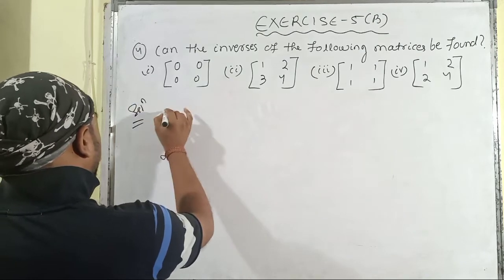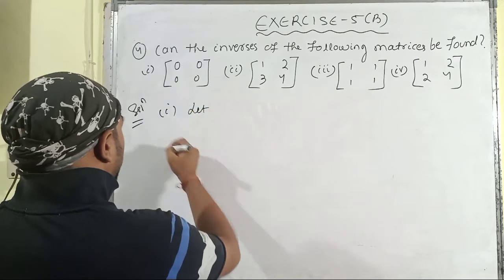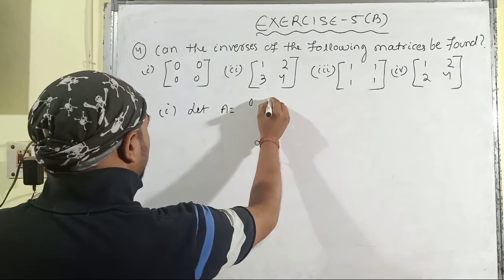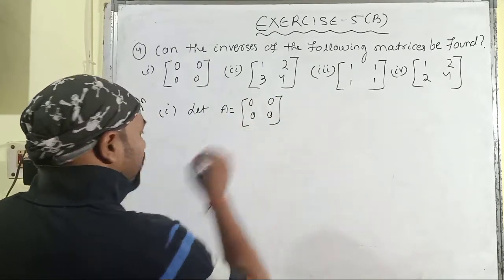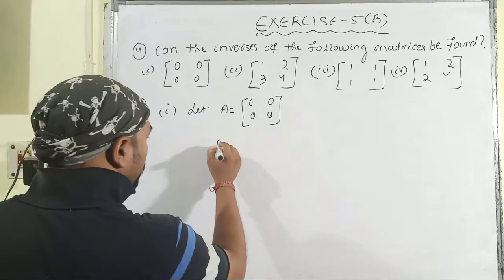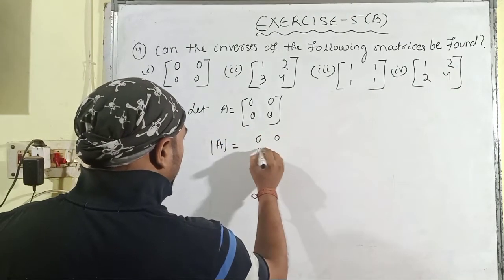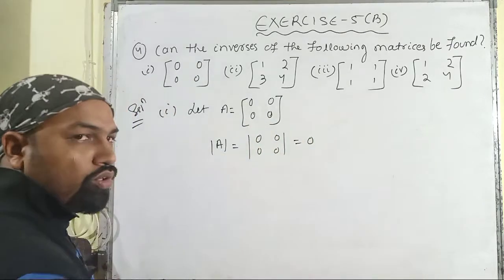So here is the solution. First of all, let us consider this matrix as A. Suppose we have taken A as 0, 0, 0, 0. Then the second step is to find out the determinant of the given matrix. That means the determinant of 0, 0, 0, 0 is equal to 0.